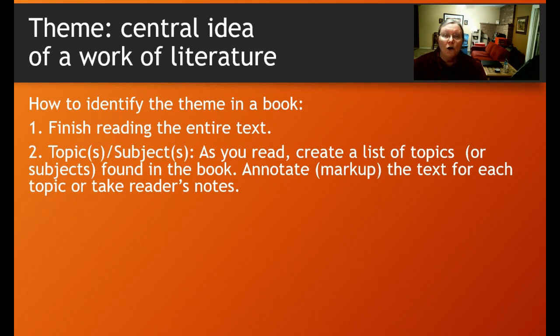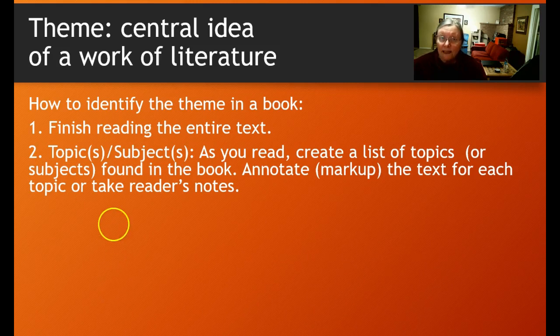So based on our listening to some of the interviews of the author, in this case, for this time, I'm teaching the book Educated by Tara Westover, you would notice that she points out that the topics in the book are estrangement and, of course, education or being educated, being isolated. So estrangement, isolation, as well as being educated. And there's some other ones. I'd even say that there's a minor theme about abuse in the book as well.